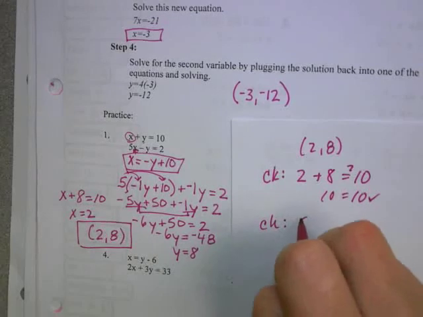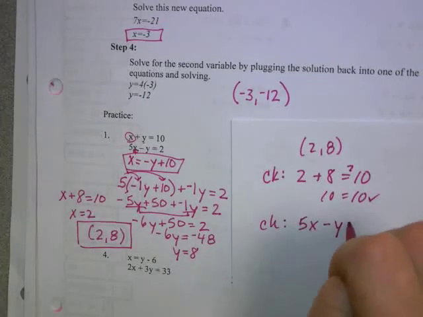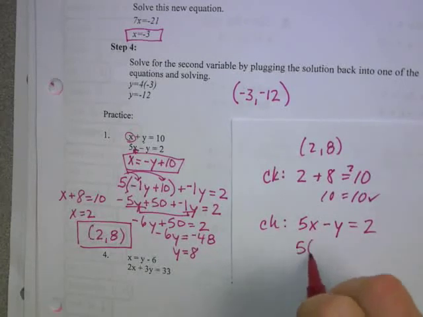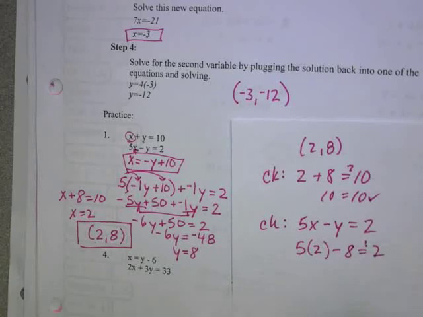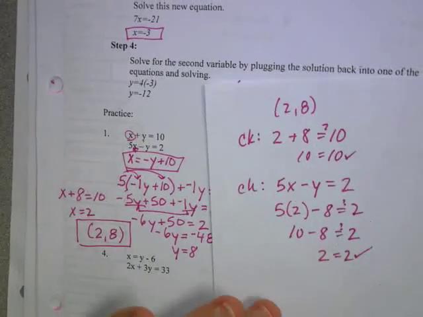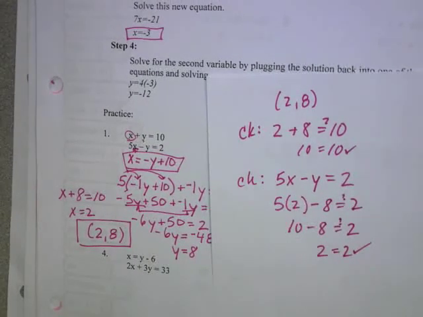The second equation was 5x minus y equals 2, and I'm plugging 2 in for x and 8 in for y. So it becomes 5 times 2 minus 8 equals question 2. 5 times 2 is 10. What is 10 minus 8? It's 2. So it works. You could also graph both of them out and see that intersection point at 2, 8.